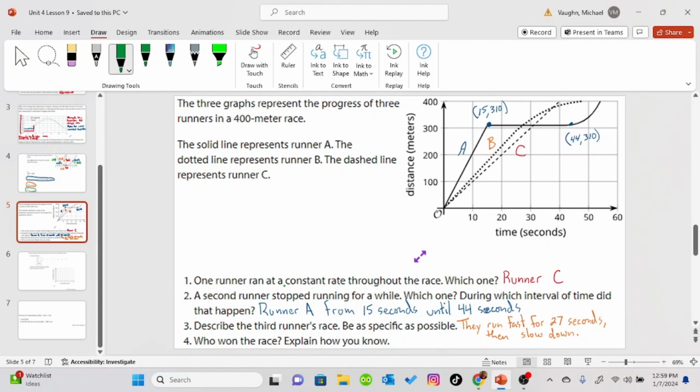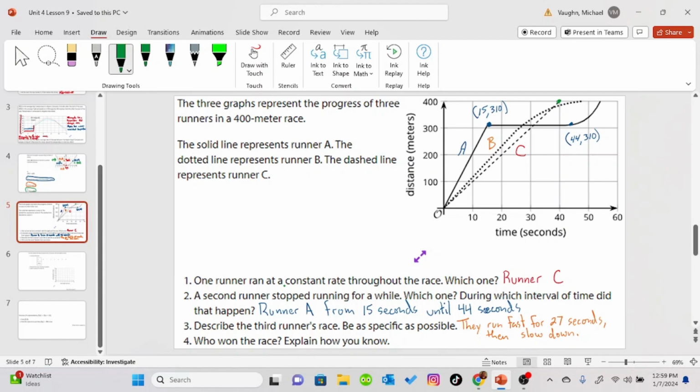So the winner would be runner C because they finish first at 40 seconds. Runner B finished about 48 seconds, and runner A was the slowest at about 53, 54 seconds.